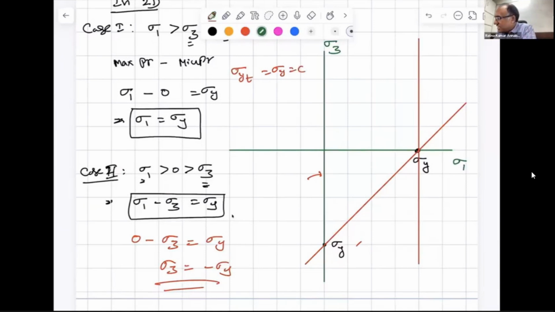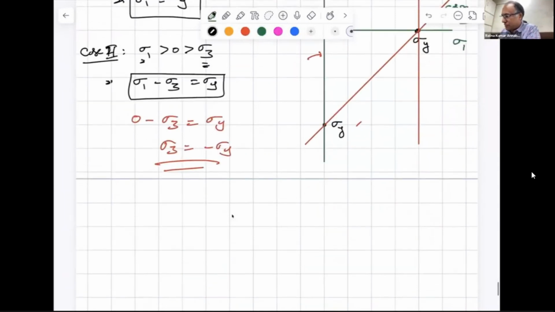So this is case 1. For case 2, that is the thing. Now let us go to case 3. Case 3 is 0 greater than sigma 1 greater than sigma 3. That means both sigma 1 and sigma 3 are negative. Both are compressive in nature.